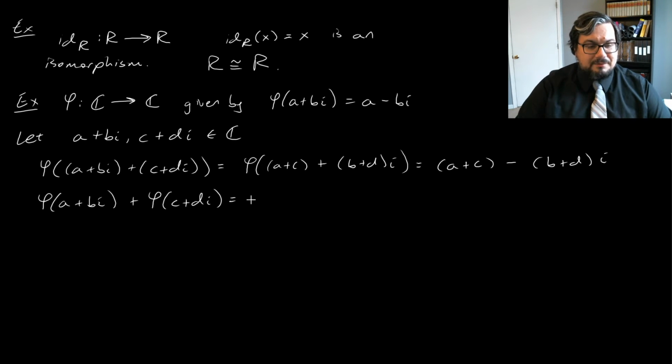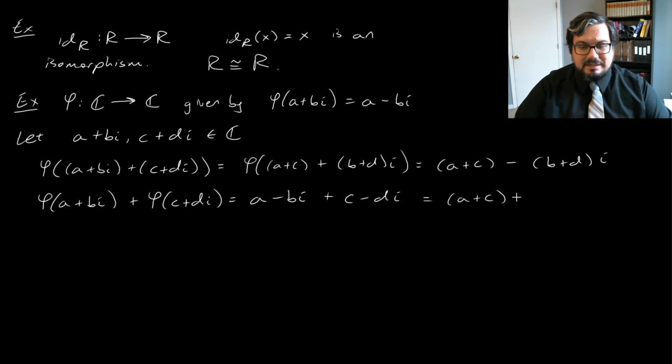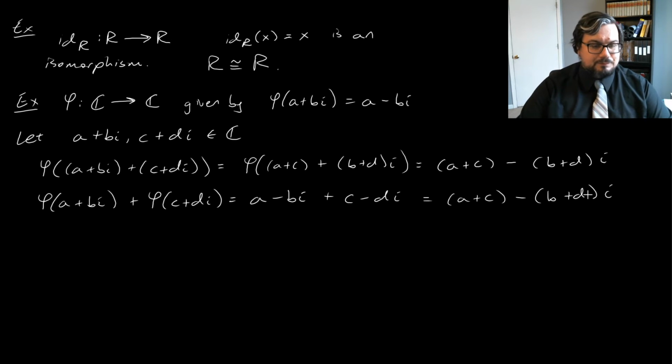Now we're going to apply phi first and say that this is a minus bi plus c minus di, which, if we gather things up, gives us a plus c, then minus b minus d is the same as minus b plus d times i. So they're equal. So this handles addition, showing that it doesn't matter whether you add before or after.